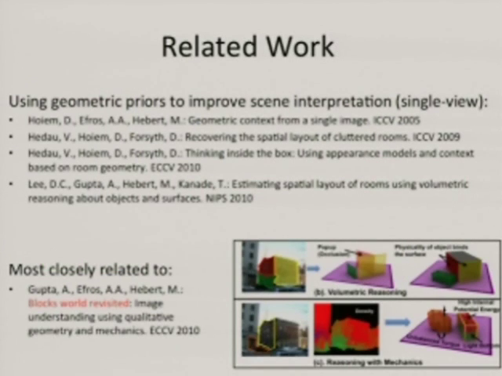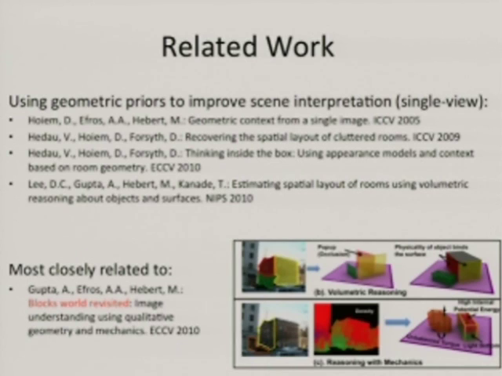Now, to do this kind of reasoning, we need to use geometric priors about the way scenes work. And there's been a lot of work by Derek and David Forsyth and Varsha Hedau and people like that on doing this kind of task from single views. Perhaps the most closely related work to our own is the Blocks World Revisited paper of Alyosha Efros, Abhinav Gupta, and Martial Hebert.